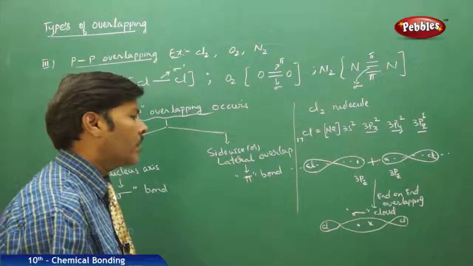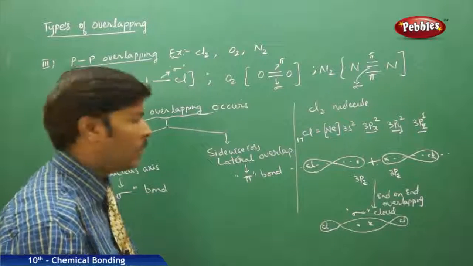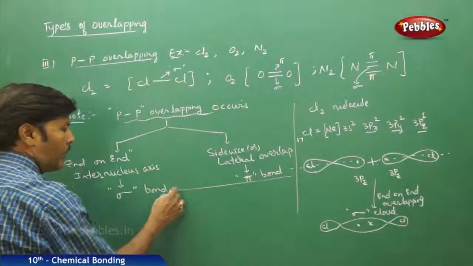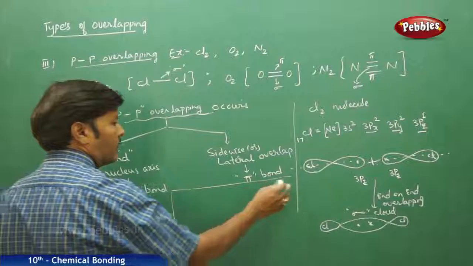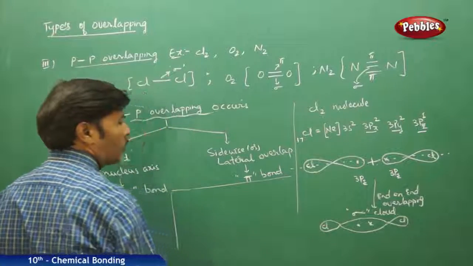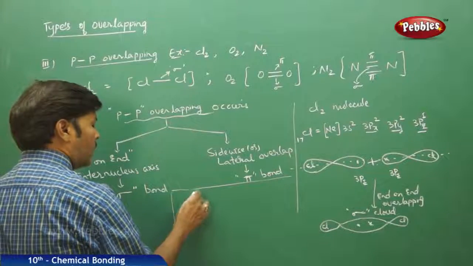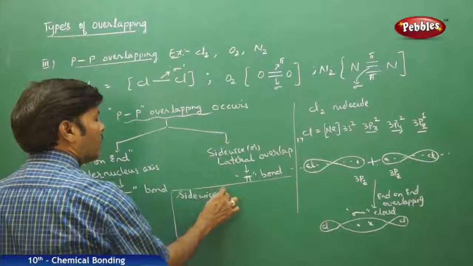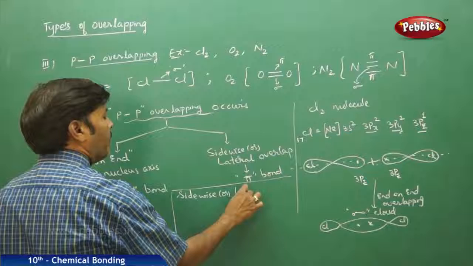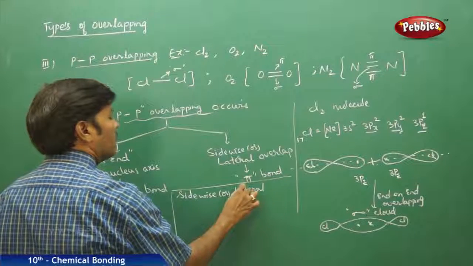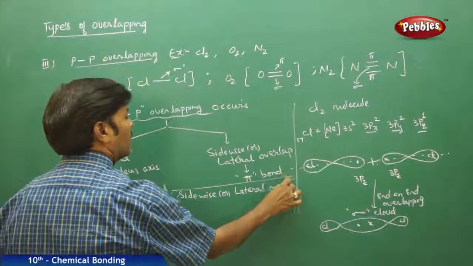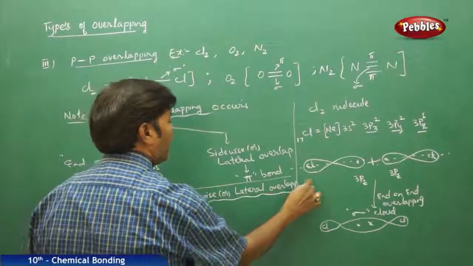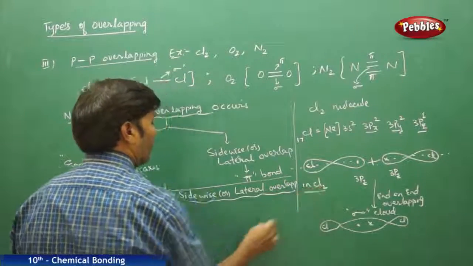But if the same overlapping takes place sidewise or lateral, I can show you that figure also here. Suppose you take the same 3pz atomic orbitals of two chlorine atoms, with sidewise or lateral overlap in the chlorine molecule.